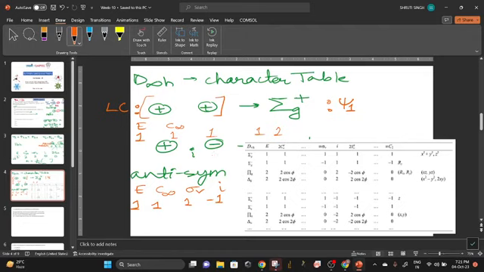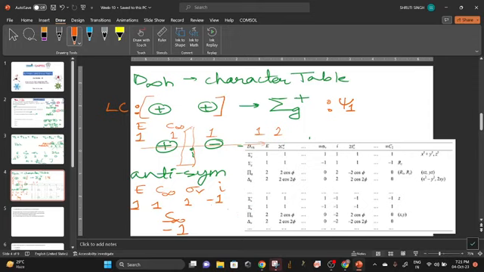How is it negative? First we put C infinity and then a perpendicular plane. That plane will change the plus and minus. So this also will be -1.